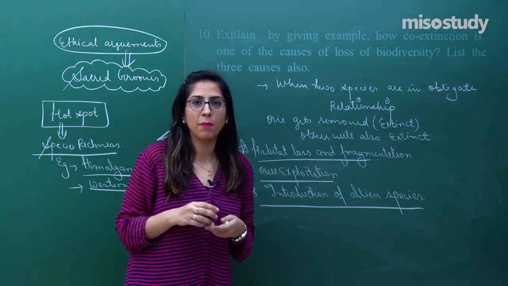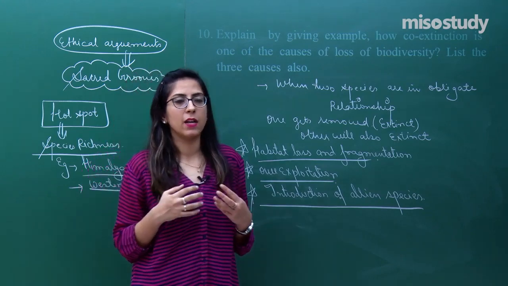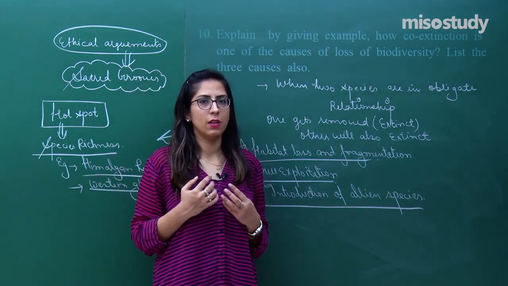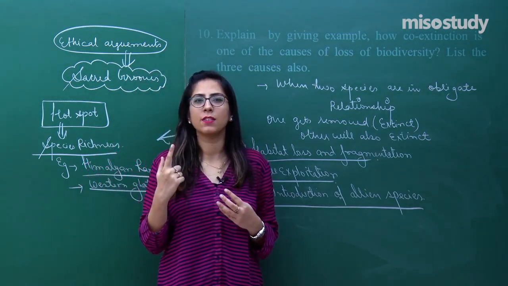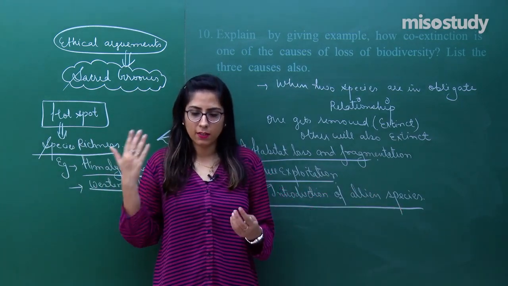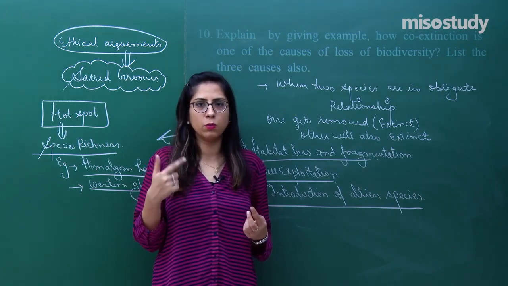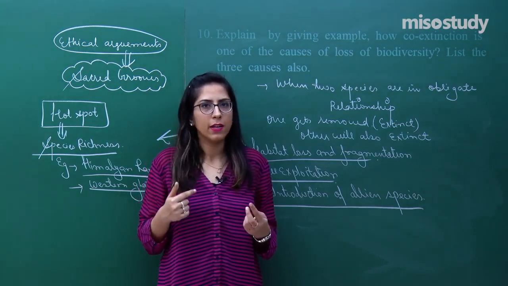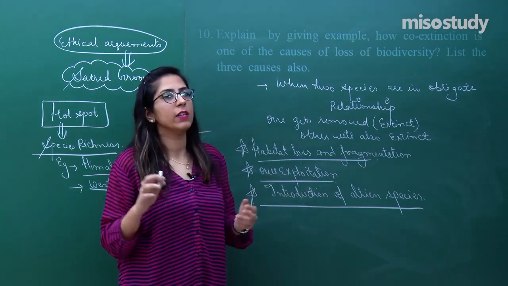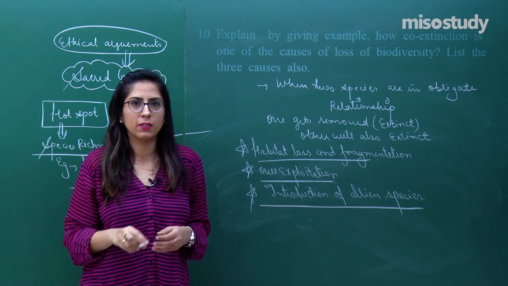Suppose I am your examiner and I want to check your answer sheets. I will not have only one answer sheet, I will have thousands of answer sheets. While checking, first of all I will focus on whether the student has mentioned these points or not. If they are mentioned, definitely you will get good marks. So try to underline the important points.